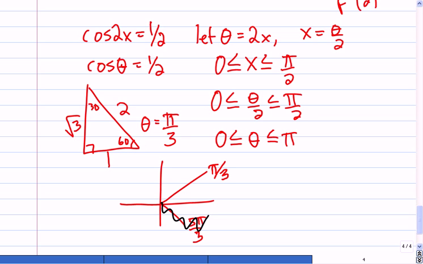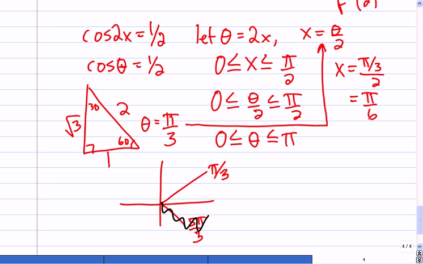So if theta equals pi over 3, we can use that to figure out the value for x. That means x is pi over 6. Okay.